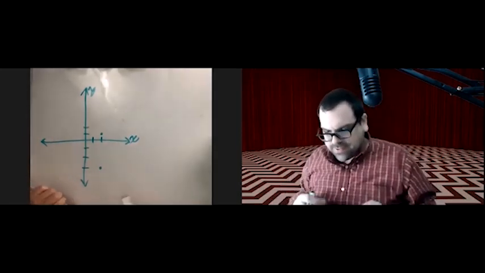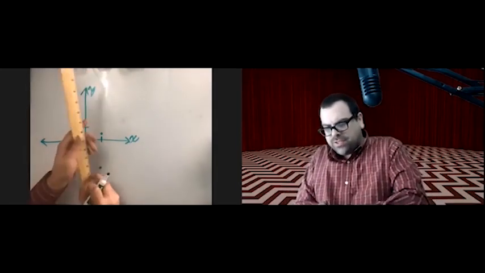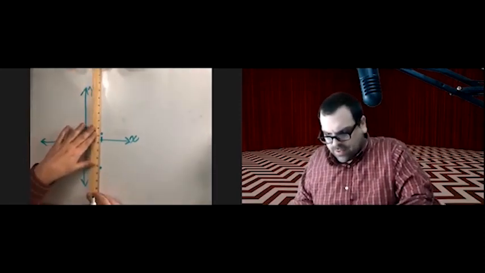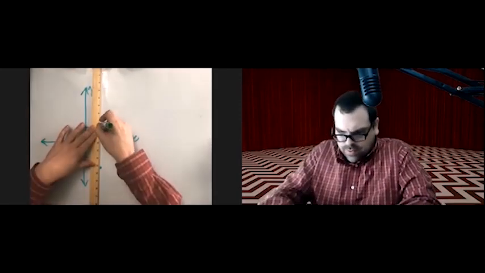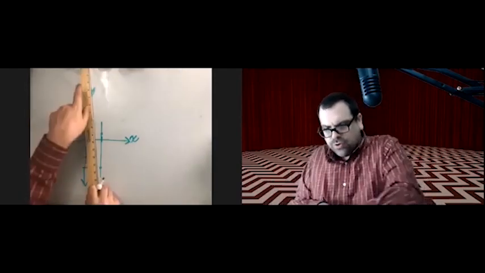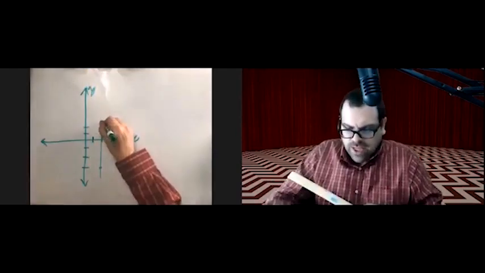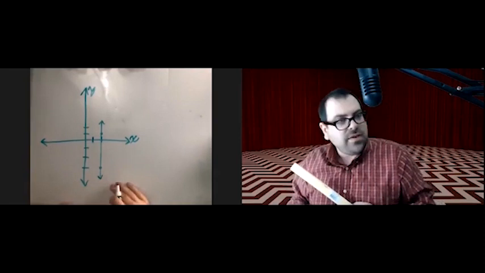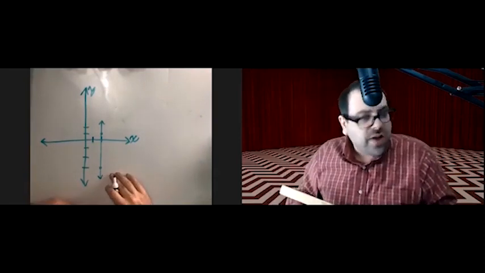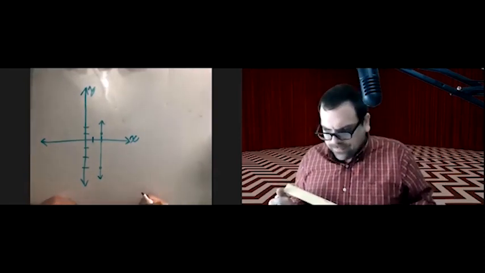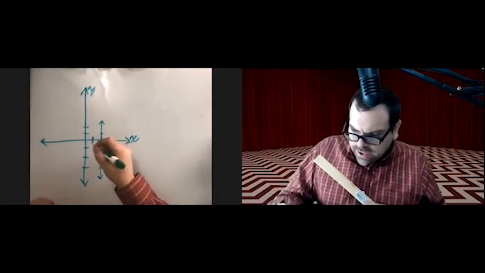Here's 2 points, and these 2 points do make up a vertical line, a line that we called undefined slope.